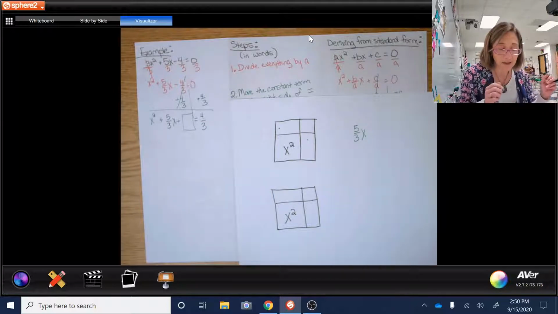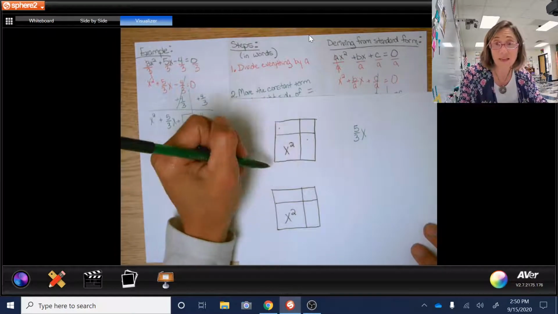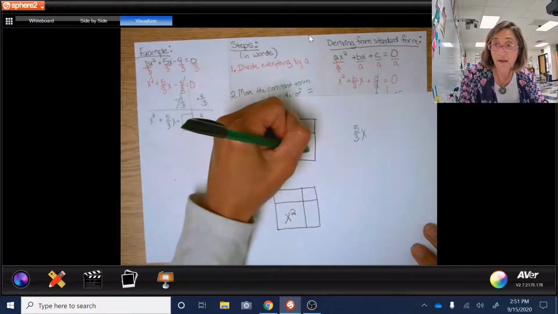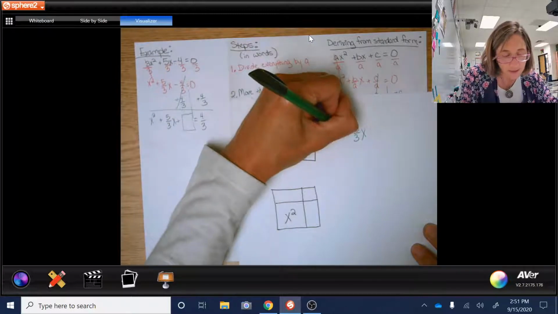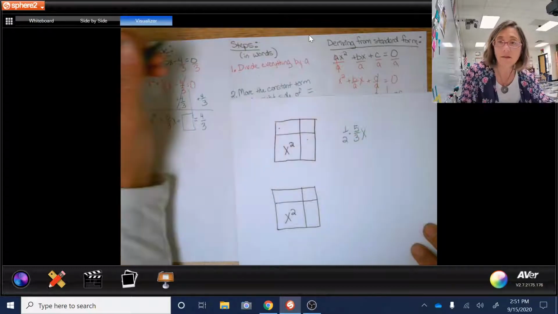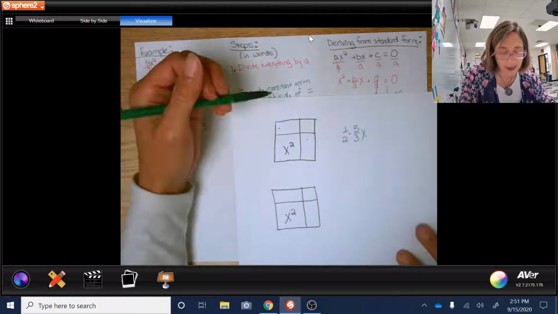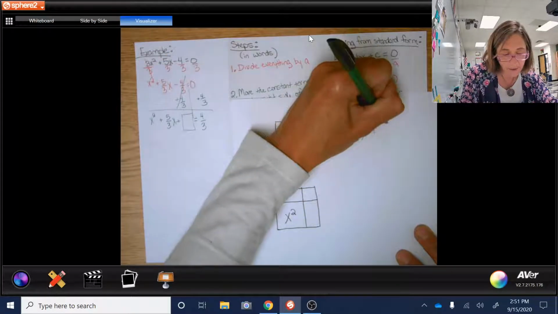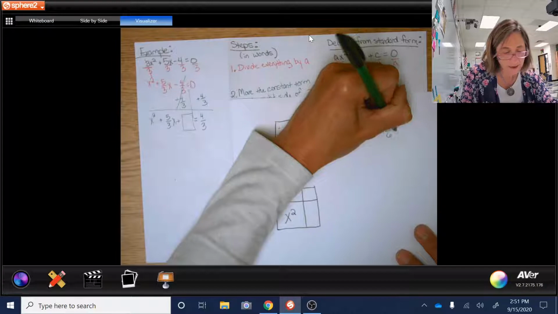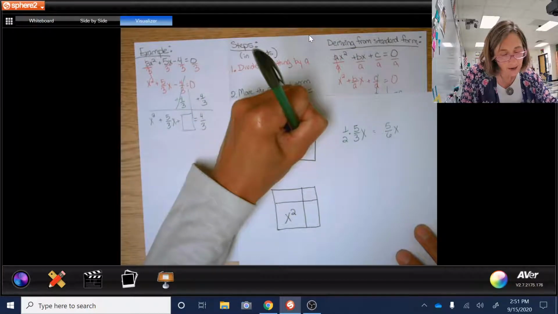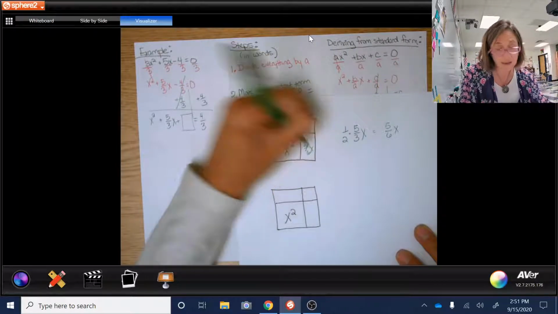I want to split it evenly because I want the length and the width on this thing to match. So that means I need to put half of them up here and half of them over on the side. So I'm going to take half of this. Half of means multiply. So if I take half of that, I'm going to have 5/6 x. So I would have 5/6 x up here and 5/6 x here.